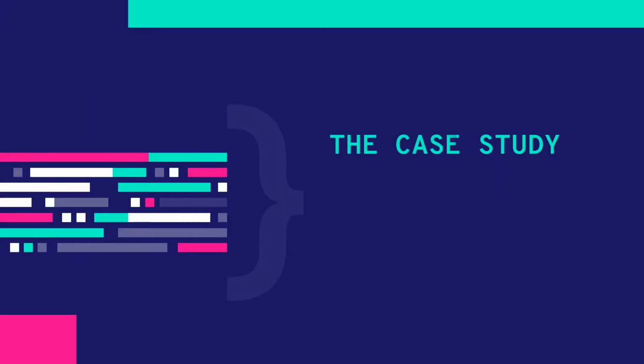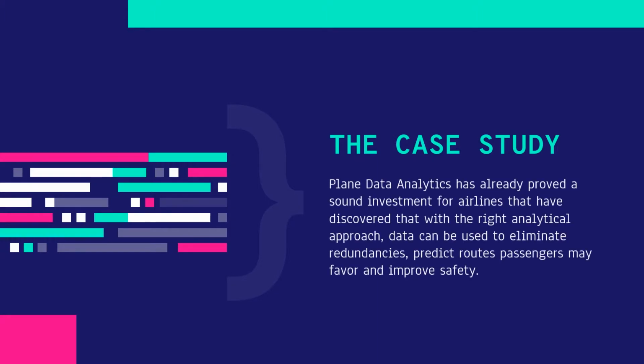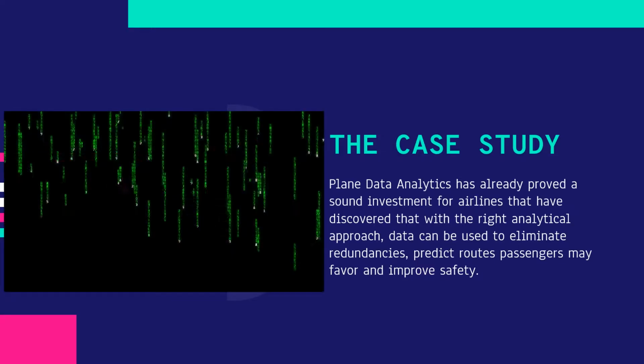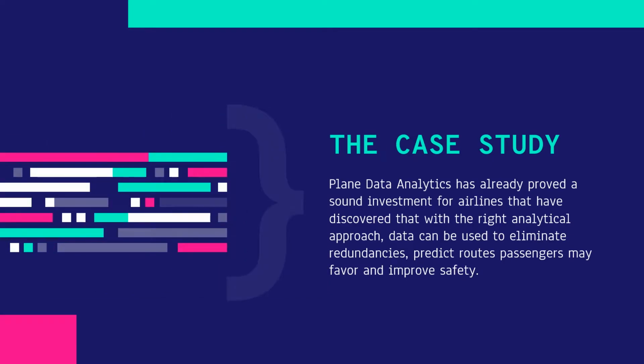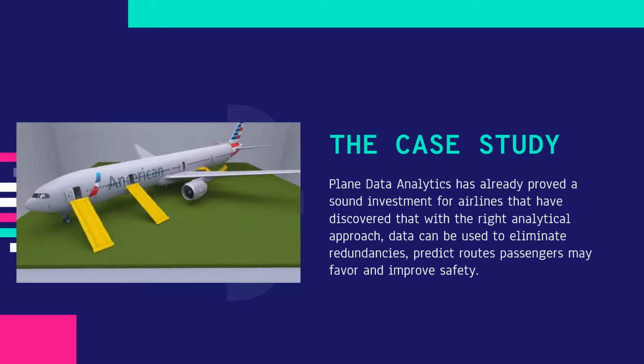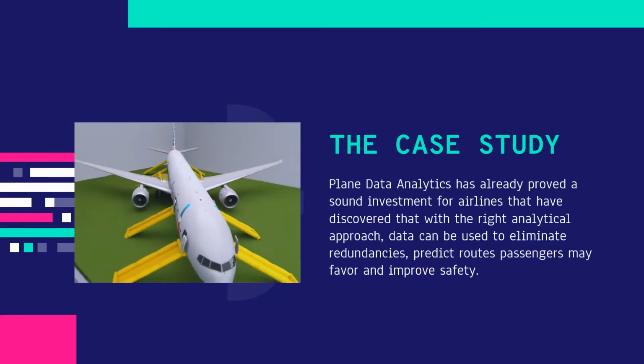So with the introduction and the background of our group project, we will go deeper into the case study. Plane data analytics has already proved a sound investment for airlines that have discovered that with the right analytical approach, data can be used to eliminate redundancies, predict routes passengers may favor, and, most important, improve safety.